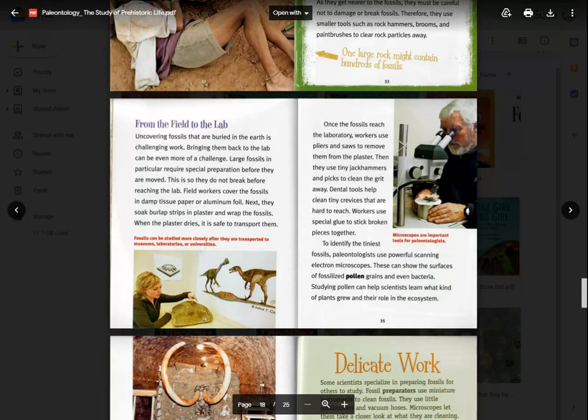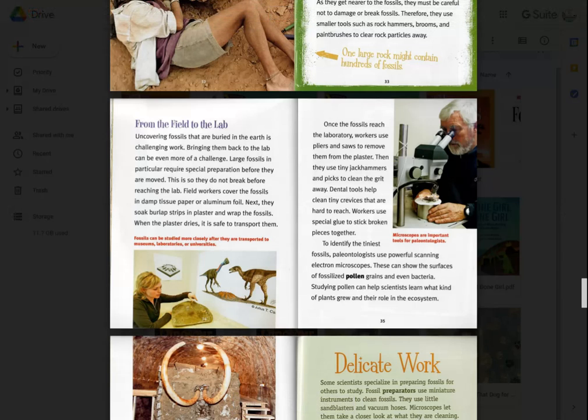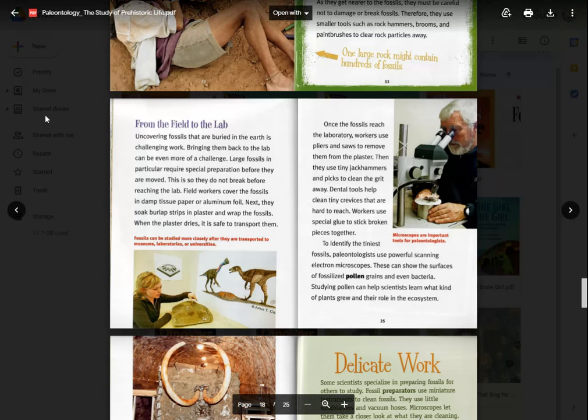Okay, this heading is called From the Field to the Lab. Uncovering fossils that are buried in the earth is challenging work. Bringing them back to the lab can be even more of a challenge. Large fossils in particular require special preparation before they are moved. This is so they do not break before reaching the lab.